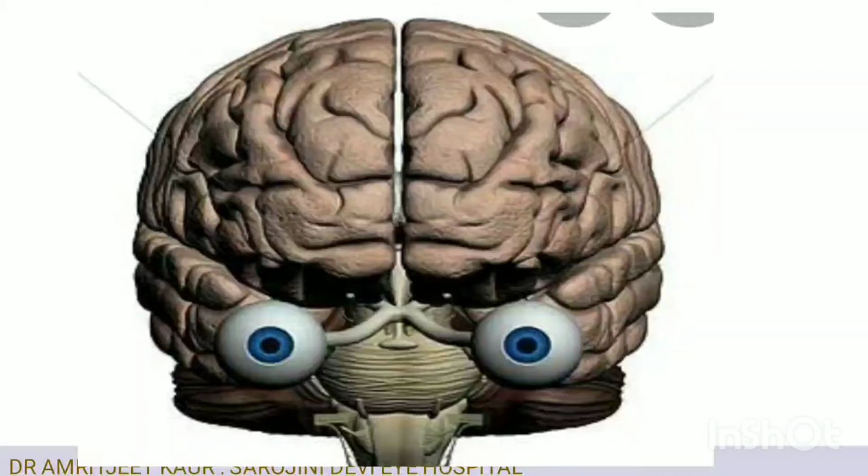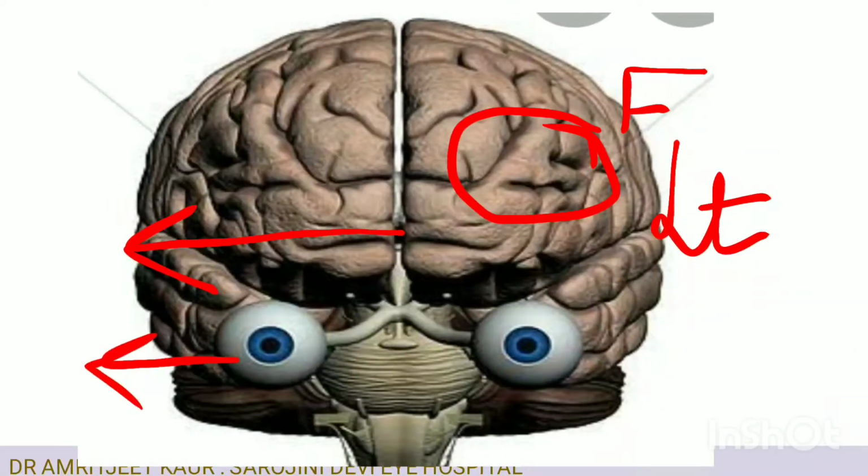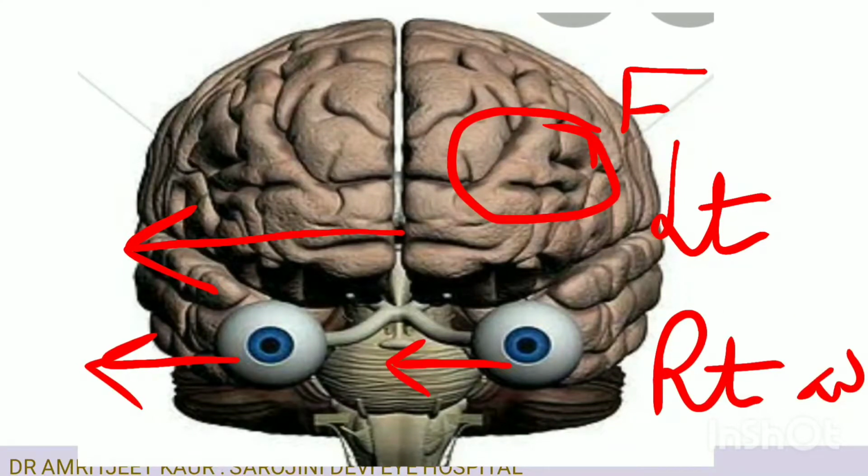So, what I mean to say is that the right frontal eye field gives the command to look towards the left side, whereas the left frontal eye field will give commands for the right gaze. As the command is initiated by the frontal eye field, the eyes will move towards the right side. That means your right eye looks towards the right side and the left eye looks towards the right side, and this is the right conjugate gaze.